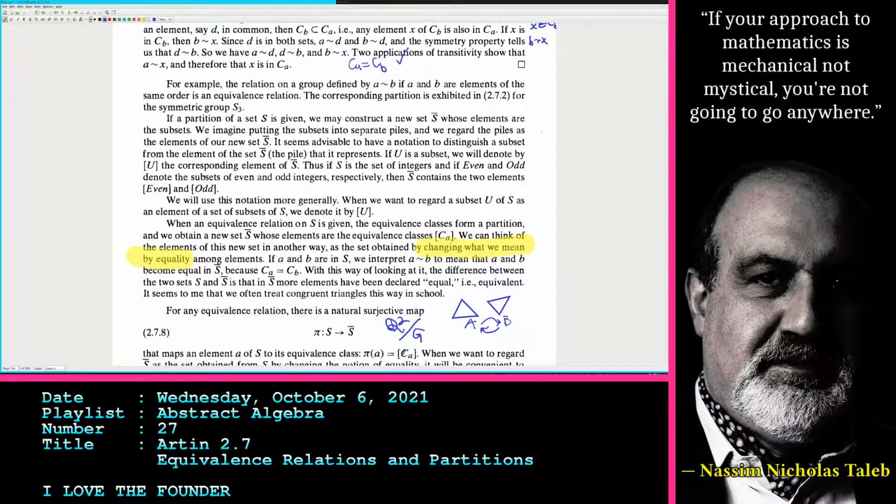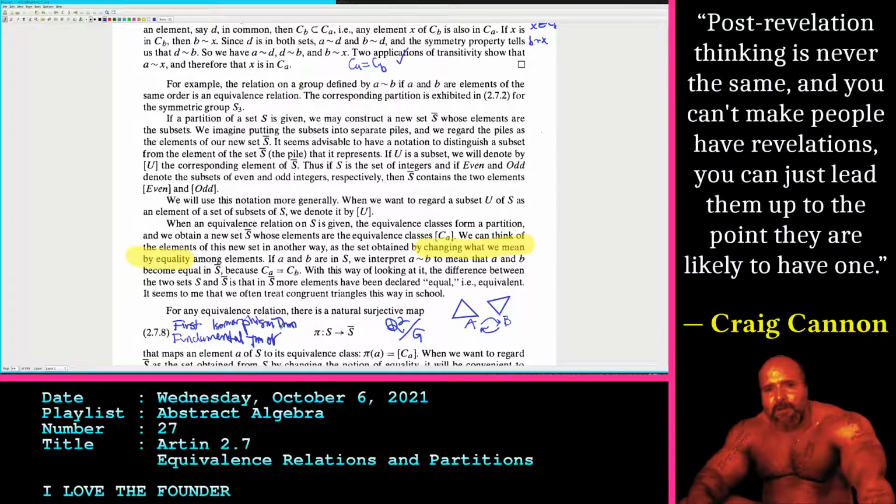For any equivalence relation, this is the fundamental theorem of mathematics that he's hinting at, which is sometimes called the first isomorphism theorem, or sometimes the fundamental theorem of homomorphisms. That's what he's hinting at here.